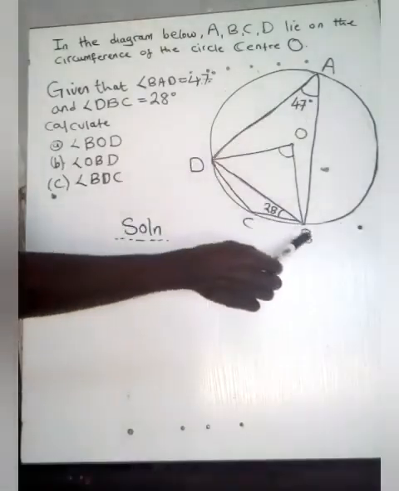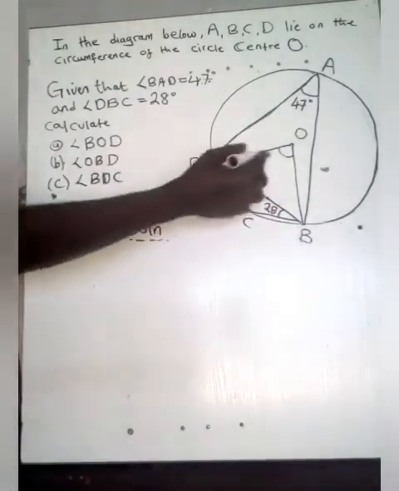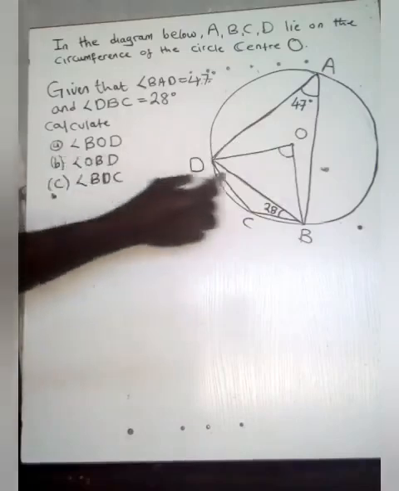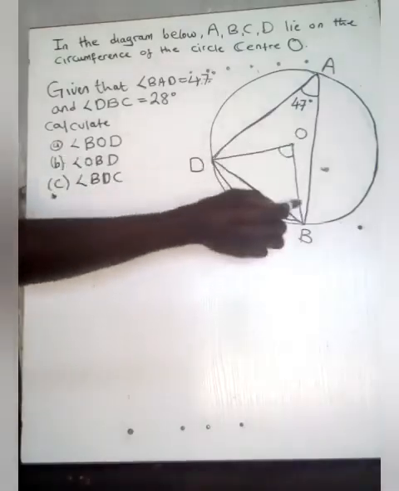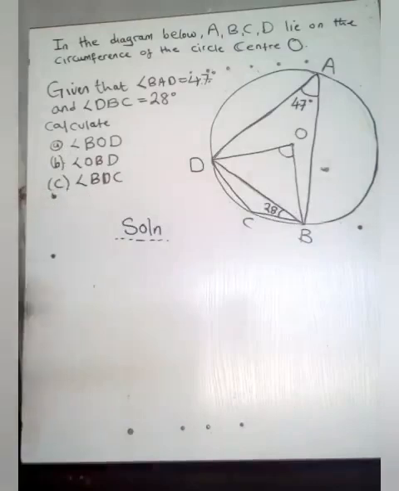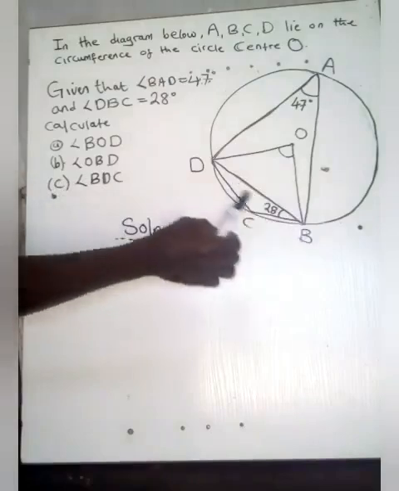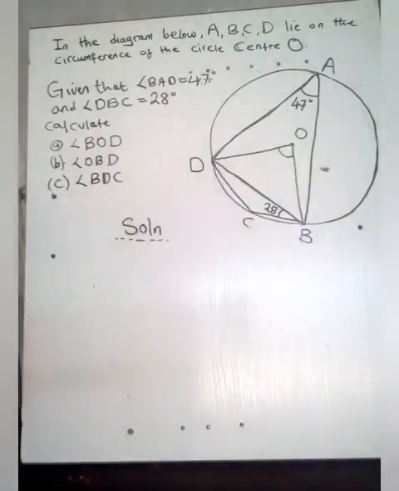So we're going to calculate BOD, which is this angle here. And then question B says, calculate angle OBD, the angle there. And the last question says, calculate angle BDC. So BDC, the angle here. So that's the question you are told to find in an exam. Without wasting time, let's go.